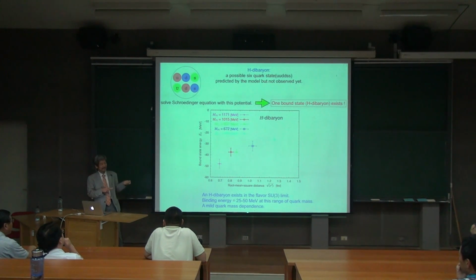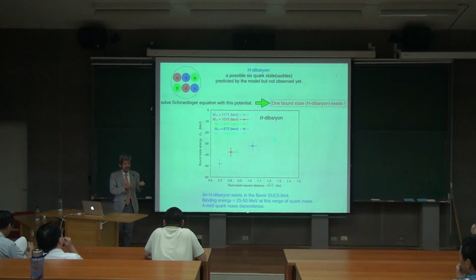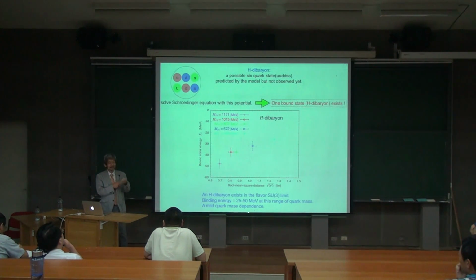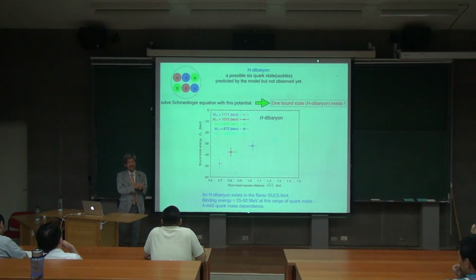In reality, the situation becomes more complicated, and we are now trying to understand what happens with this H baryon in nature. Our conclusion is that we have some kind of so-called resonance, not a bound state, for this channel. And we hope this resonance will be measured in an experiment, the J-PARC experiment in the future.